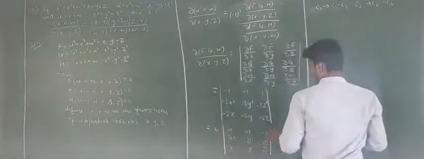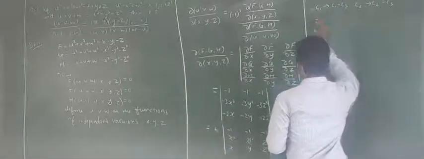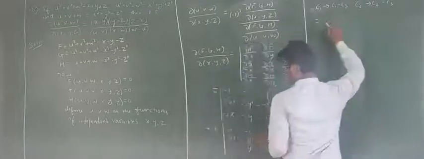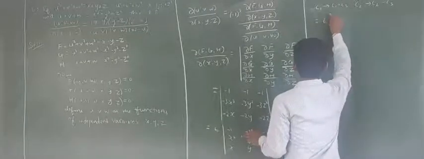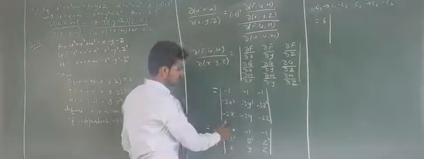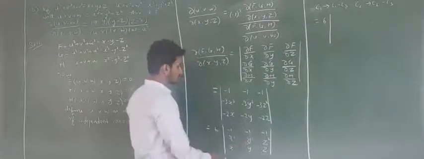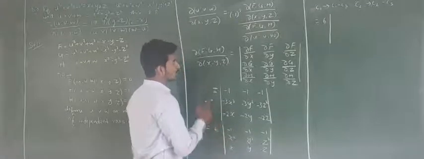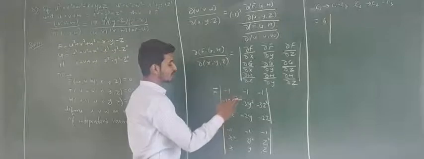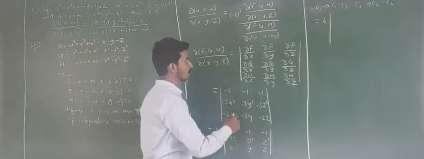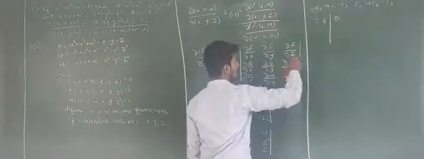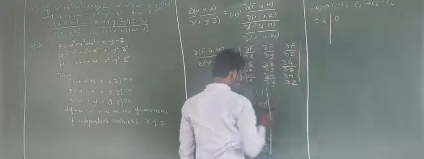So now this will be equal to the determinant 6. We are changing here the first column and second column. For C1 minus C3, minus 1 minus of minus 1, that is minus 1 plus 1, will be 0.